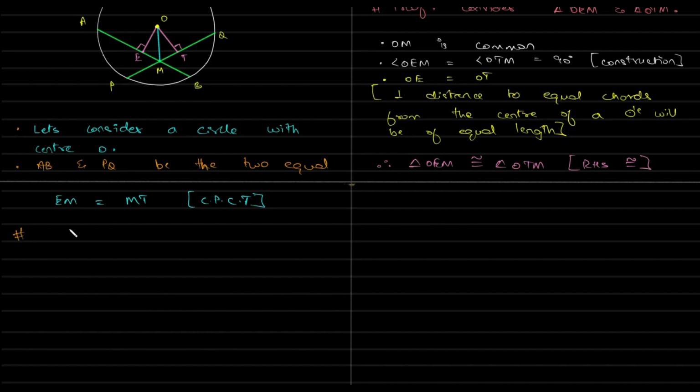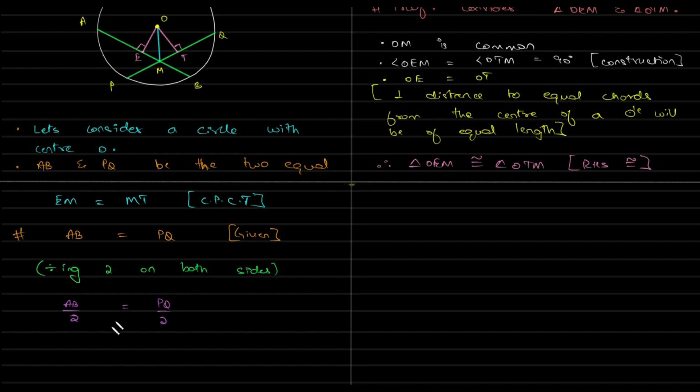First, let's begin with the fact that AB is equal to PQ. This is given. Now we divide by 2 on both sides. So what will we get? We have AB by 2, which is equal to PQ by 2.